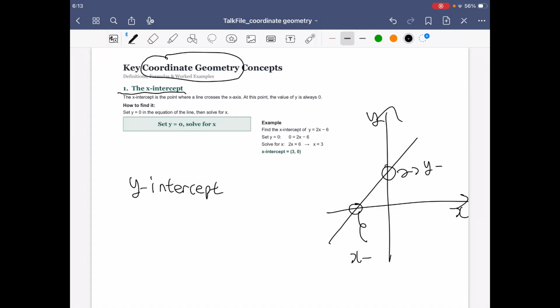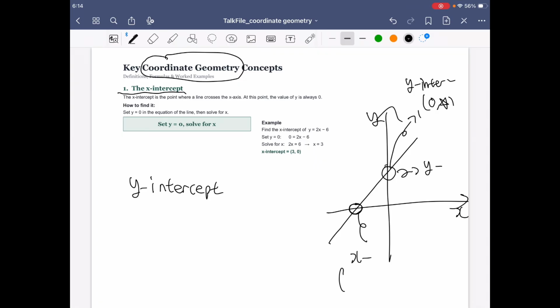Usually, at this point, the value of y is always 0. The same way, when it comes to the y-intercept, the x coordinate is always 0. So the y-intercept coordinates look like 0, something.